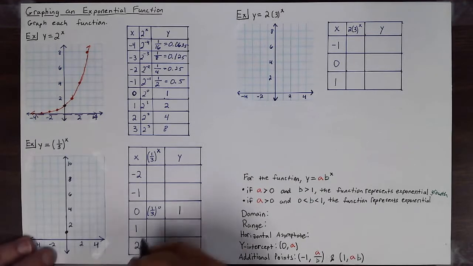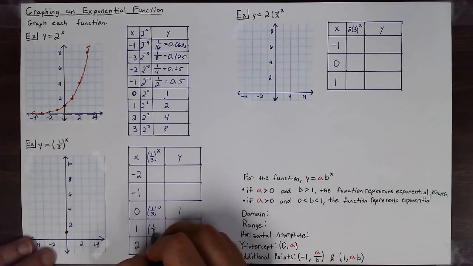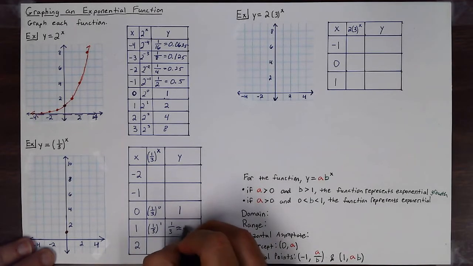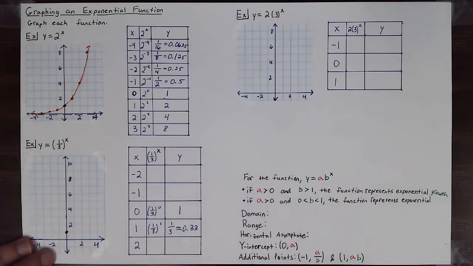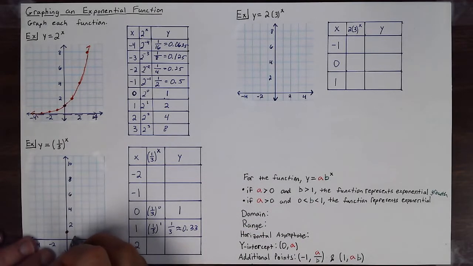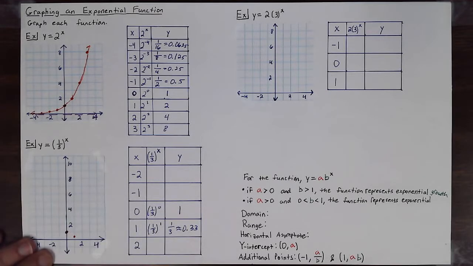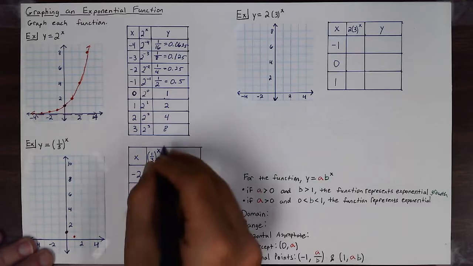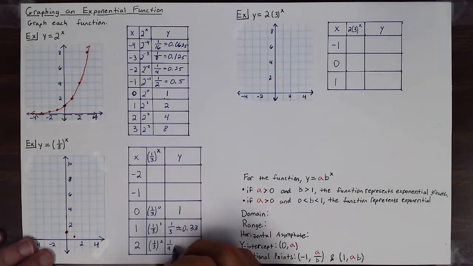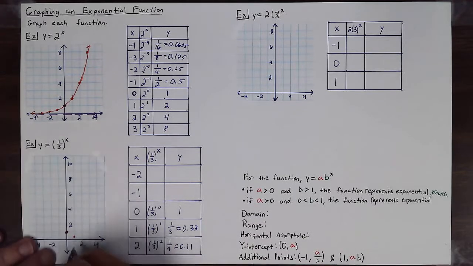And when I plug in 1, I get 1/3 to the first power, which is just 1/3, or approximately 0.33. So it gets smaller. And if I plug in a 2 for x, I get 1/9, which is approximately 0.11. This is even closer to the x-axis.